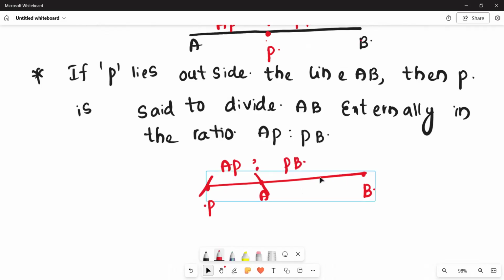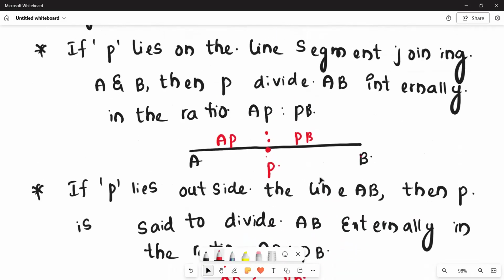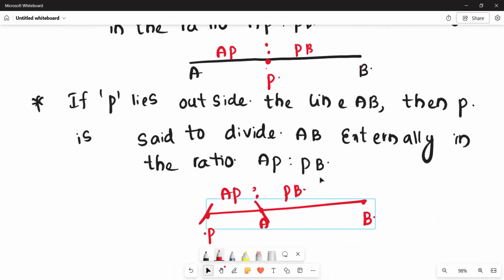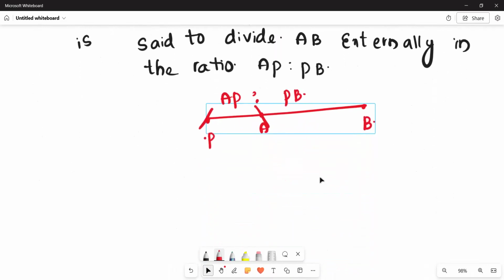So based on the location of the point, if you are taking it inside the line segment, it is cutting internally in the ratio of AP is to PB. Whereas if you have a point outside of the line, it also makes the same ratio, but externally. So these are the 2 points that we need to remember.